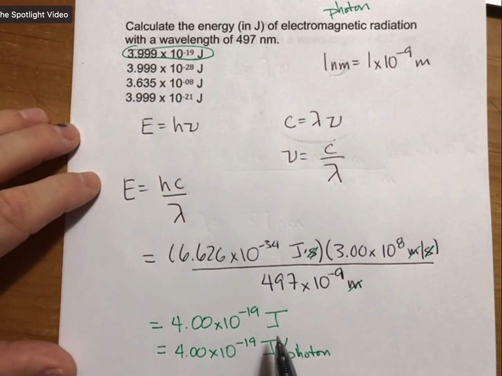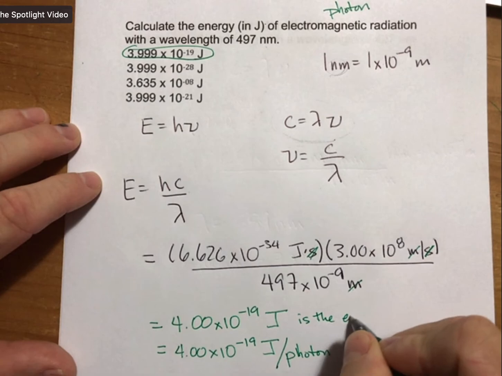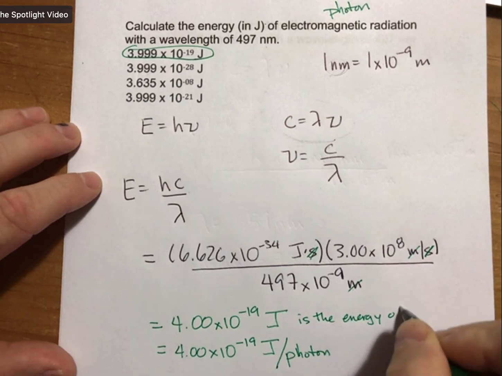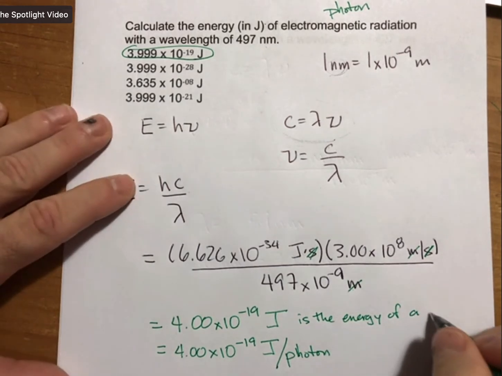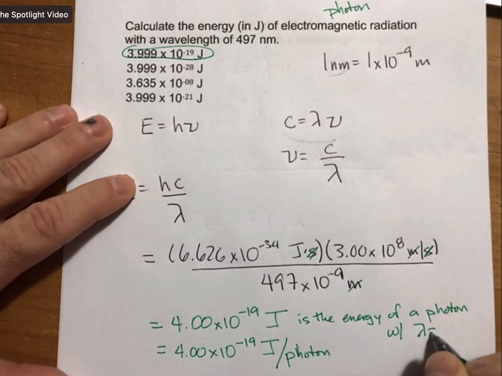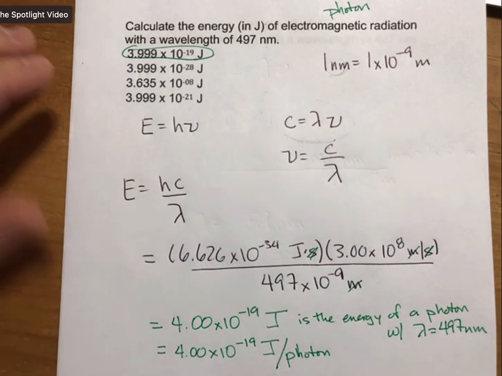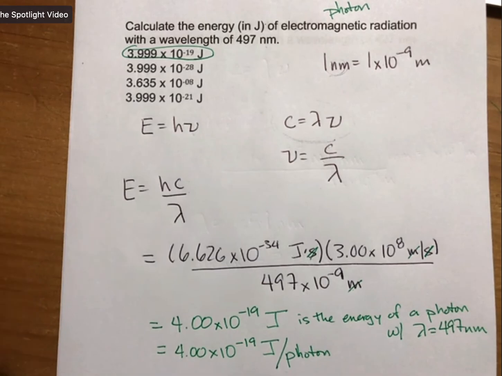Let me write that here: this is the energy of a photon with wavelength equals 497 nanometers. We talked about how the smallest amount of electromagnetic radiation is 1 wave or 1 photon.